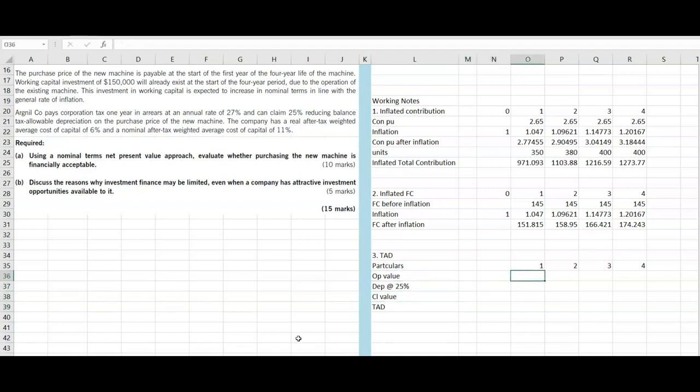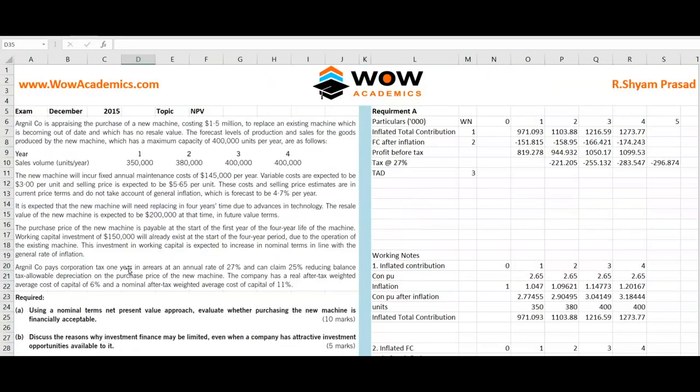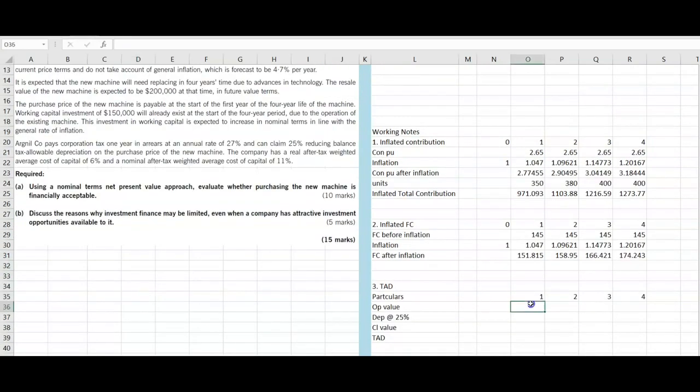So we'll start. So what is the value of the machine? The value of the machine is 1.5 million. Our sum entirely works in thousands, so our answer comes to 1500 is the machine value.